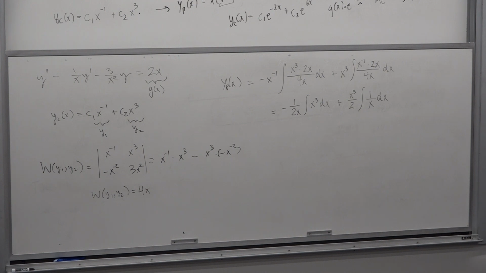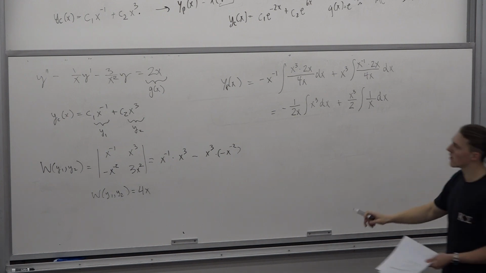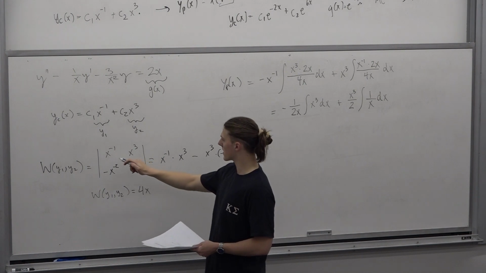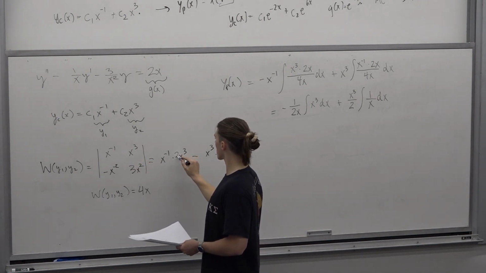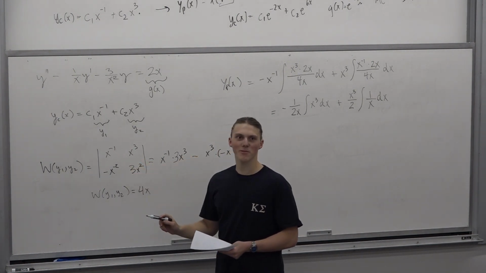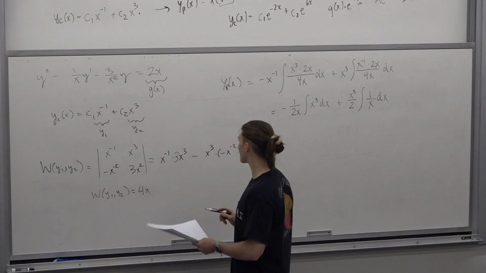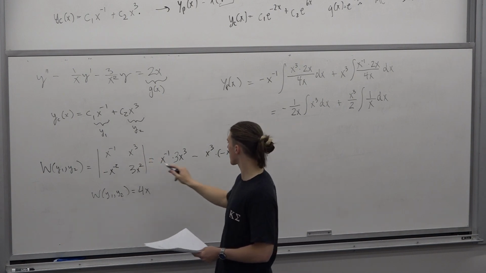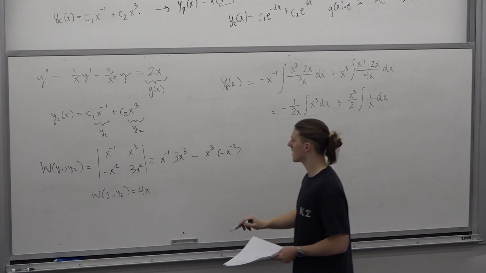When we have something like this, there's a very simple formula to calculate it. We multiply the diagonals, a times d, and then subtract the other diagonals, b times c. So what we did right there is exactly that. We multiply the diagonals here. Well, I'm missing a 3, sorry. Is that why you were confused? That's probably why I was confused, but I see it now. Yeah, diagonals minus other diagonals, and we get 4x.